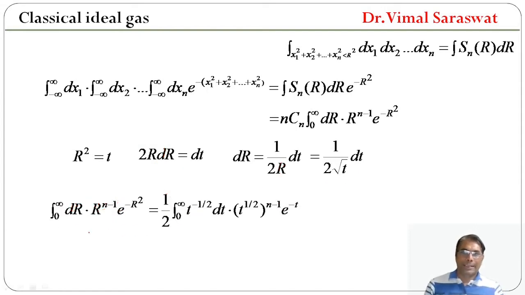So integration 0 to infinity dr r raised to n minus 1 e raised to minus r square, which we require here, will be equal to 1 upon integration 0 to infinity t raised to minus half dt, t raised to half whole power n minus 1 e raised to minus t.